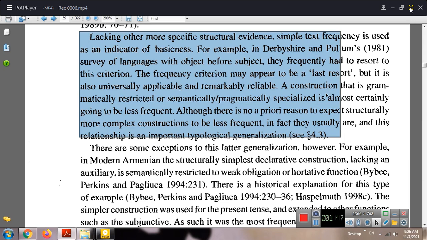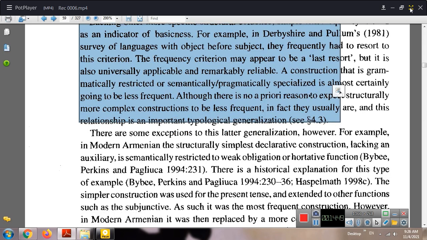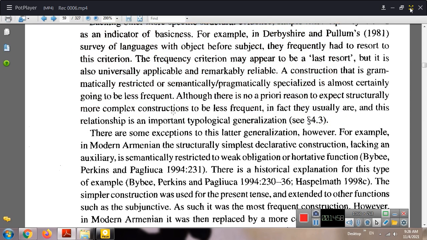A construction that is grammatically restricted or semantically or pragmatically specialized is almost certainly going to be less frequent. This is important. When they are less frequent, they are not basic.